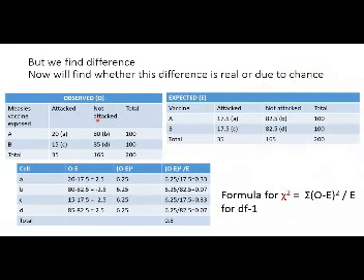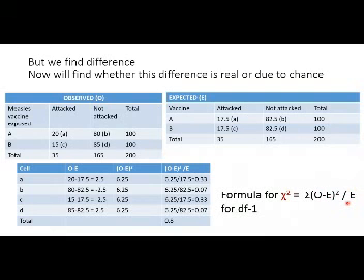Now this is the same table explained earlier. This is table number 2. Now we will see the formula for calculating the chi-square value: we sum up the squares of the difference between observed and expected, and then divide this by the expected.